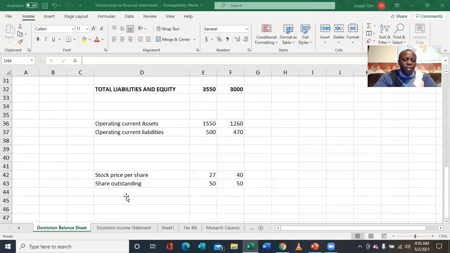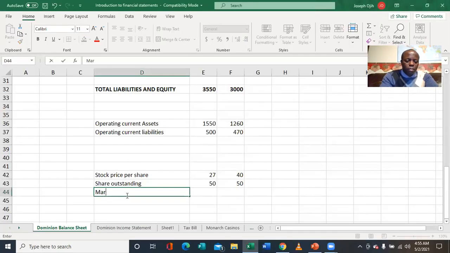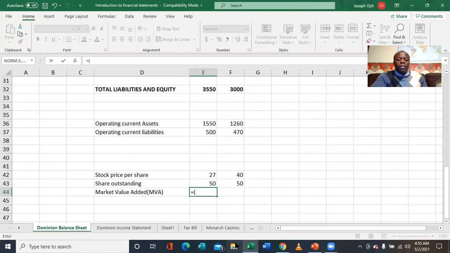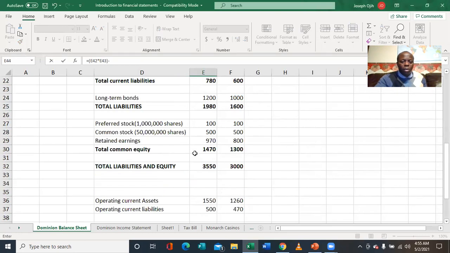So market value added, which I call MVA, will be equals, again the formula is price per share times shares outstanding minus the total common equity.